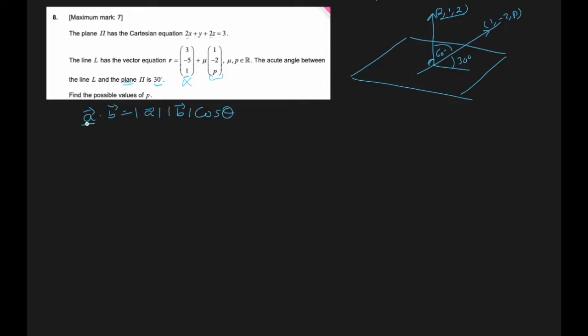In this case, let's take this as A, 2, 1, 2, dot 1, minus 2, P, is equal to the magnitude of A. The magnitude of 2, 1, 2 will be square root of 2 squared plus 1 squared plus 2 squared, multiplied by the magnitude of B, which will be square root of 1 squared plus minus 2 squared plus P squared.